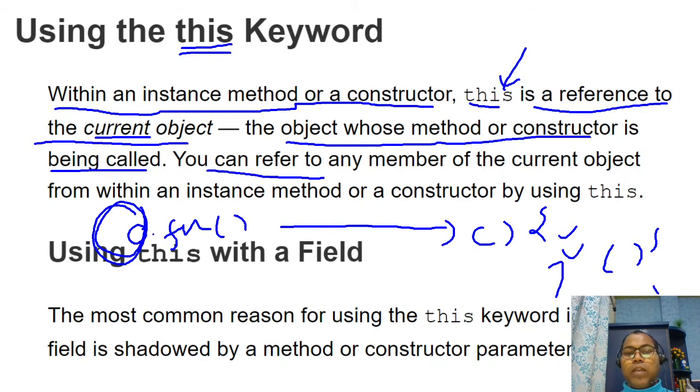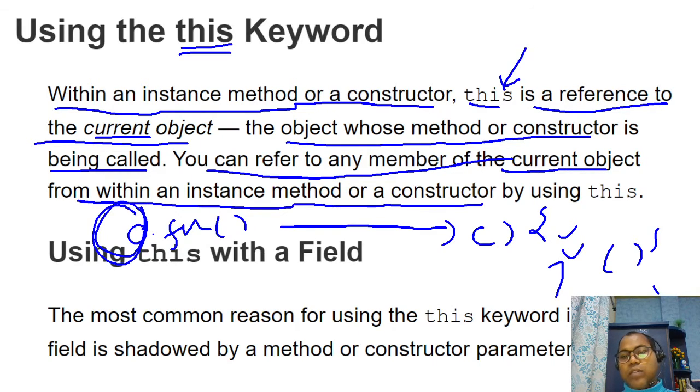You can refer to any member of the current object from an instance method or a constructor by using the this keyword.